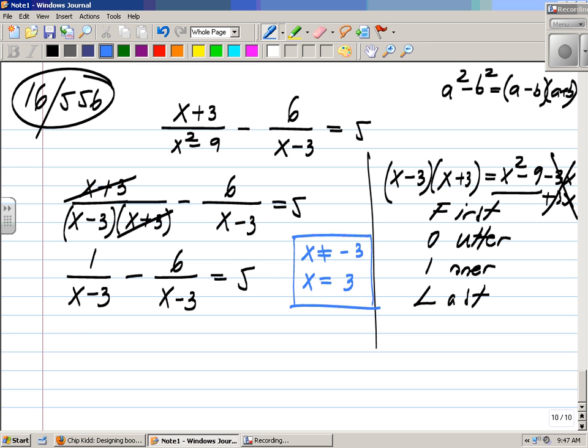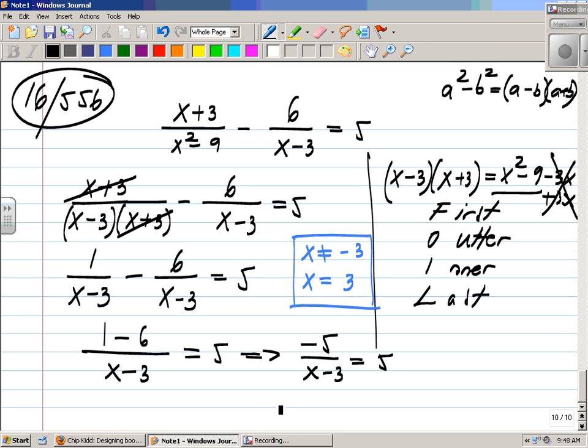Now here, 1 over x minus 3 minus 6 over x minus 3, you have a common denominator, which is helpful because I can just work with my numerators. So I have the common denominator x minus 3, and 1 minus 6 over x minus 3 equals 5. What is 1 minus 6? Negative 5. So your equation becomes negative 5 over x minus 3 equals 5.